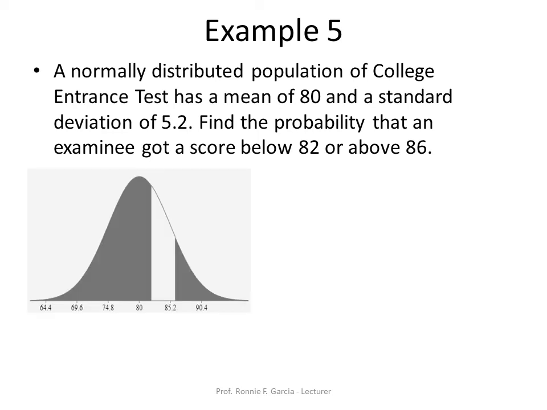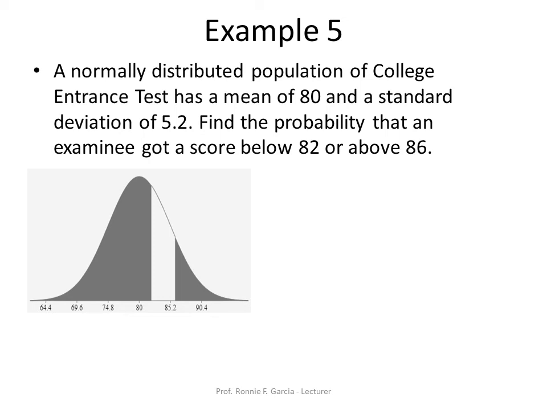So graphically, we are talking about the shaded areas on this particular diagram. So the gray colored regions are the areas that we are trying to get. So if that is 82 there and 86 is also there, between them is not the area of interest, but the areas outside of those particular scores. That is for this particular example.